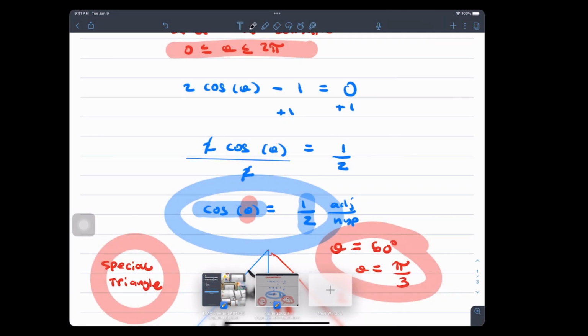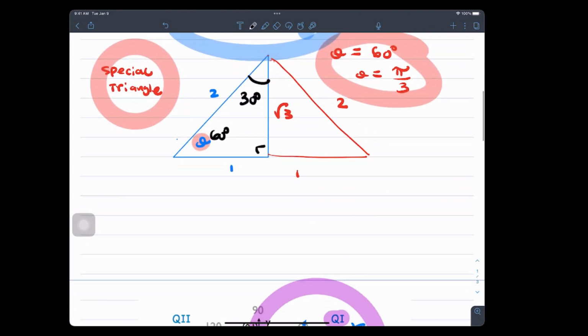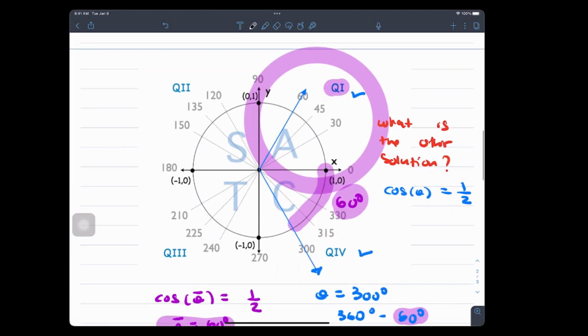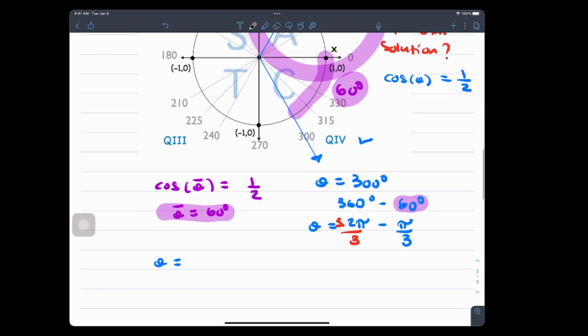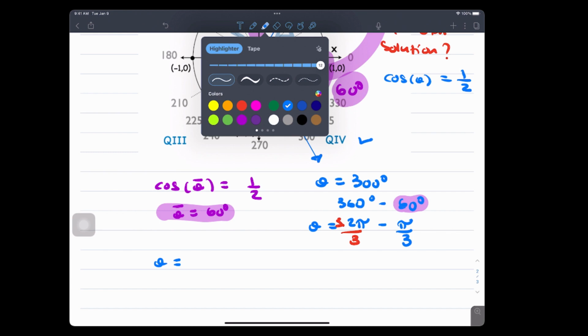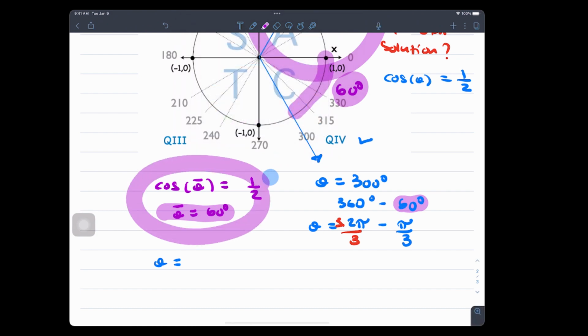And when you do that, we always remember that the positive answer is your reference angle information. This is what we've always been going to. So theta being 60 is the reference.